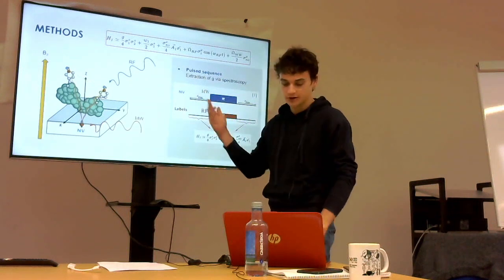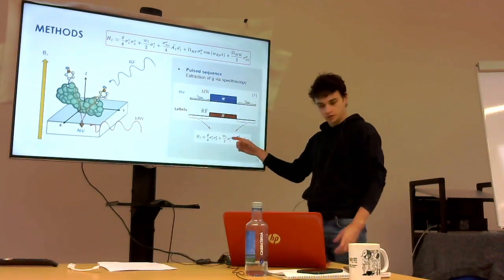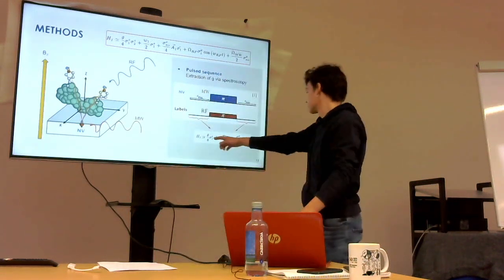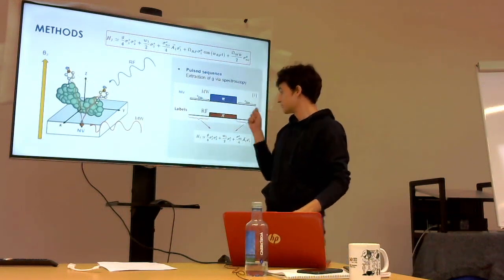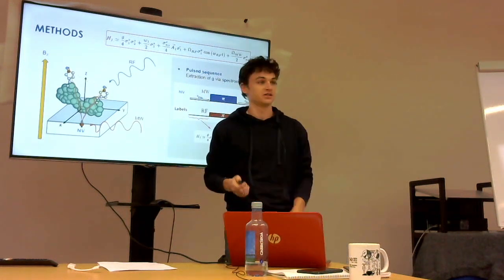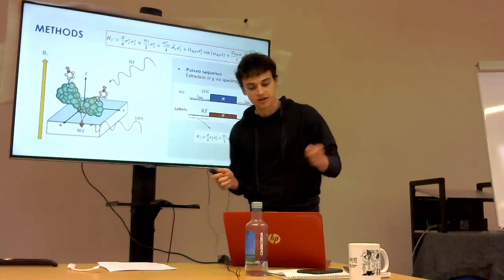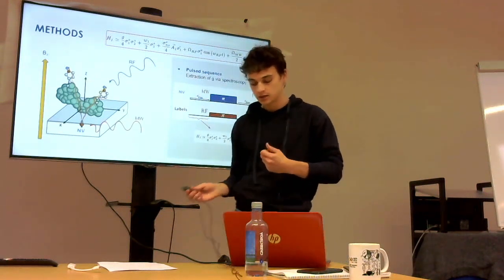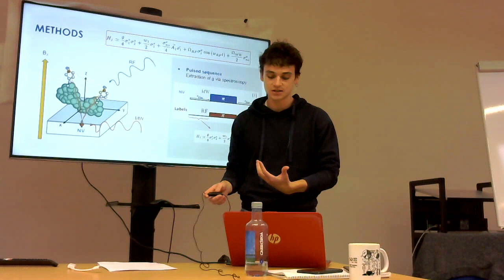During this free evolution time, the Hamiltonian would be this one right here without the drivings. And this free evolution time is the interesting one, because during this period, our system is accumulating phase.